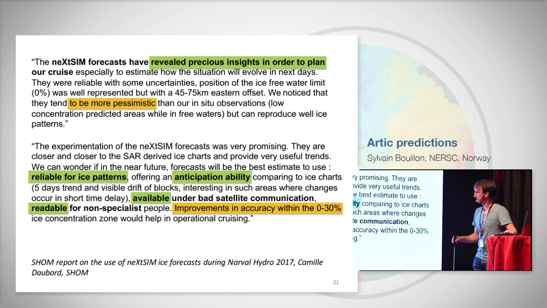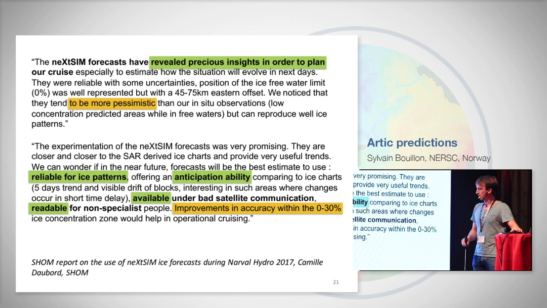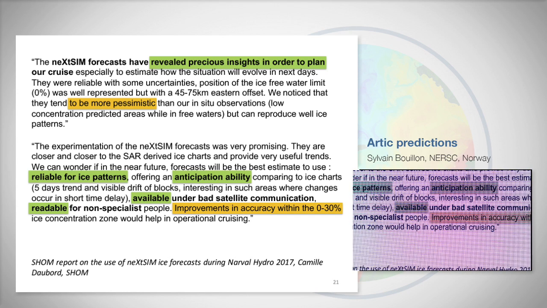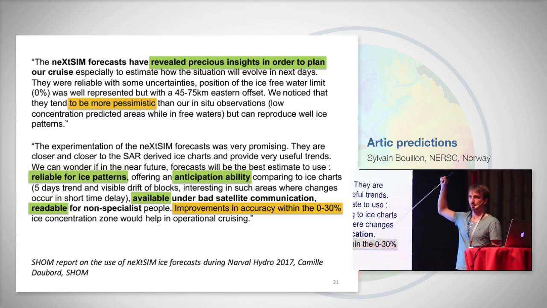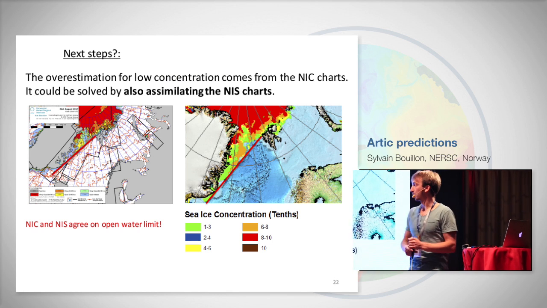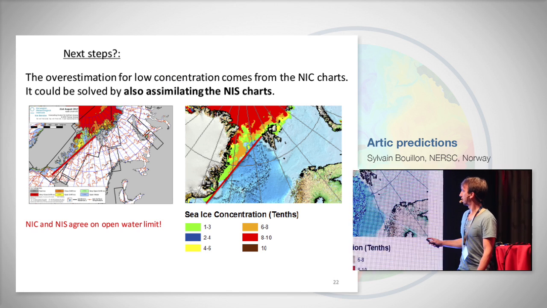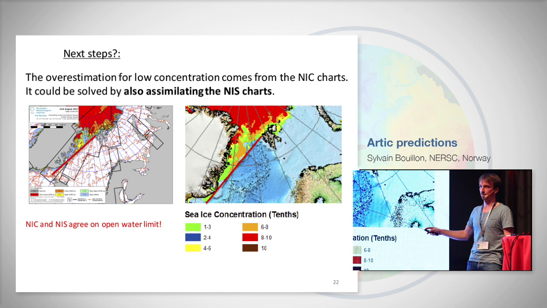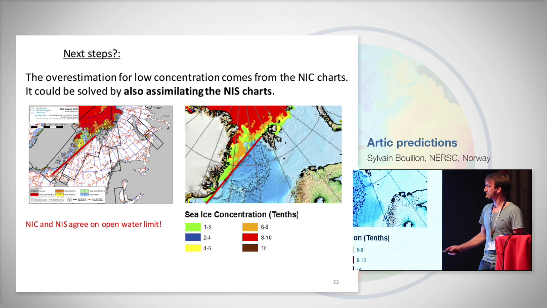So I think we convinced them that our forecast could be used. They just pointed out a small problem about being too pessimistic for the low ice concentration, from 0 to 30%. But this is clearly coming from an overestimation of the concentration from the NIC ice charts.